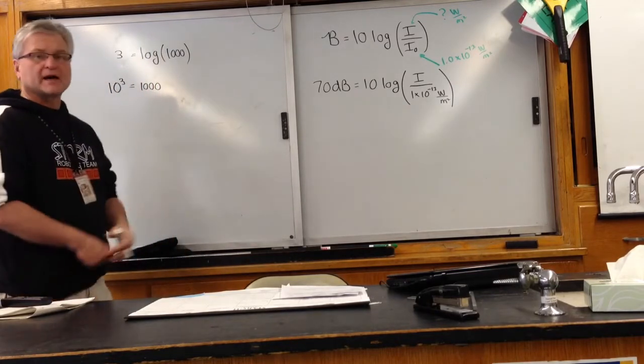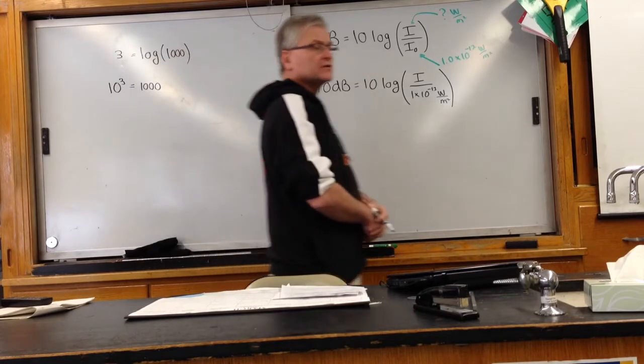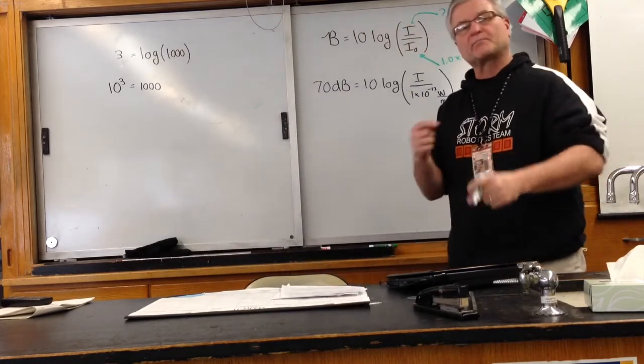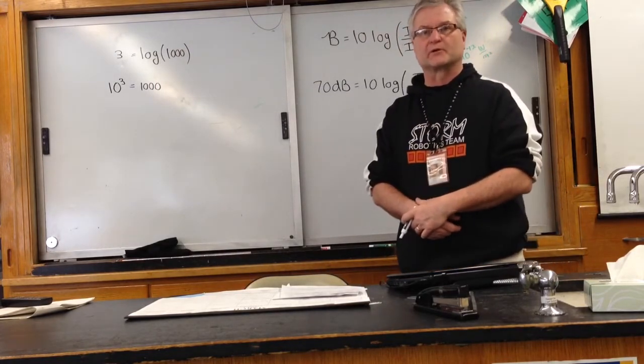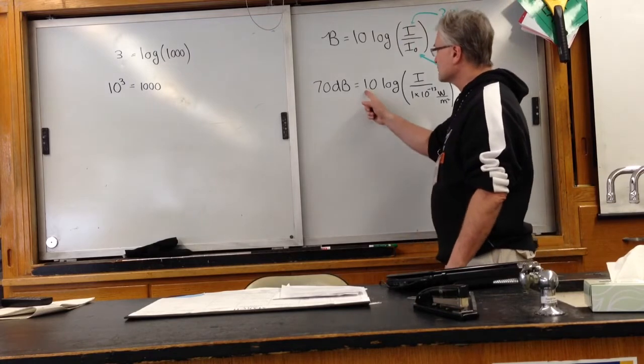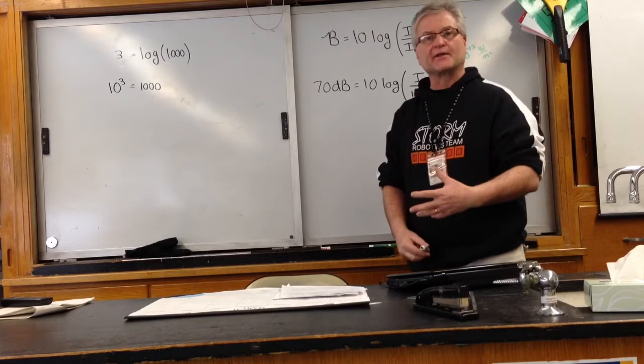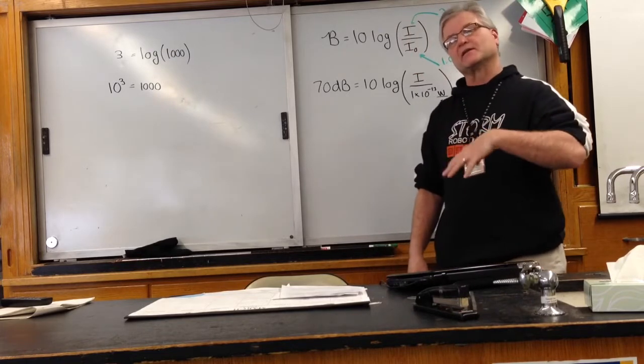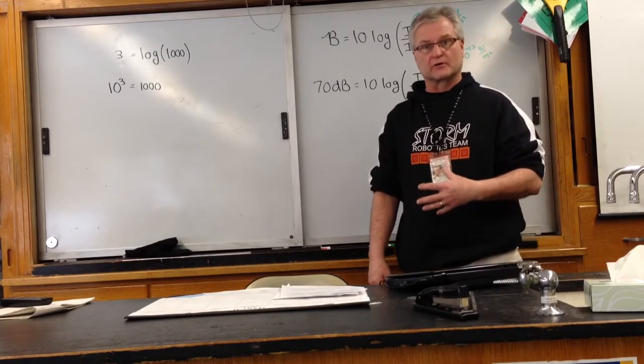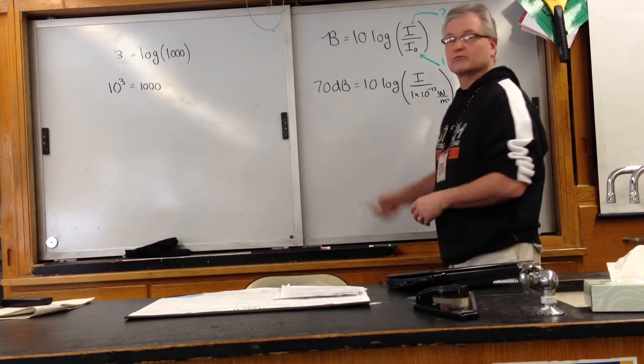Now let's go back to our original problem, 70 decibels, and I'm trying to work backwards and convert that into watts per meter squared. Notice in this problem, and in the formula itself, there's a 10 in there. The 10 was put in there to make the numbers more comfortable for regular folks. So I've got to get rid of the 10.